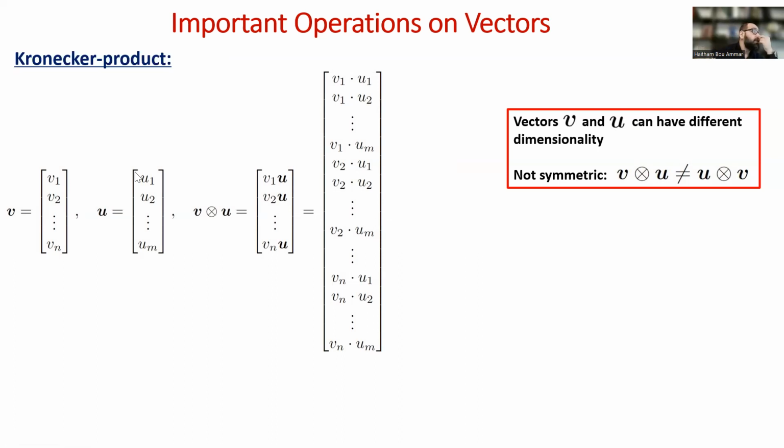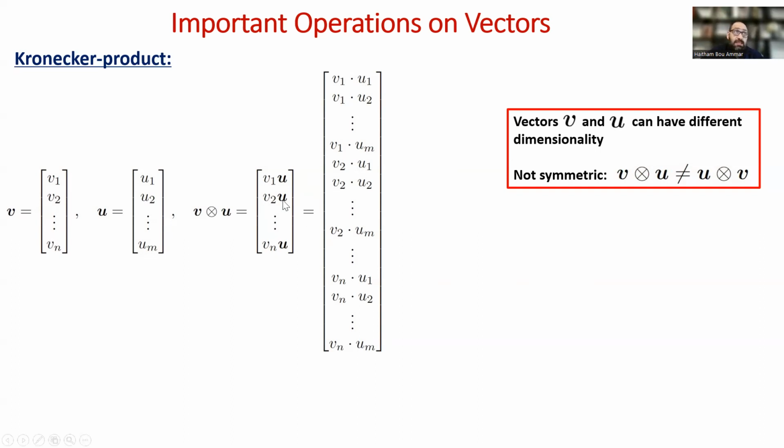Now we take v as a Kronecker product with u, and the first part is the first component multiplied by the whole vector u. And remember, we know how to multiply a scalar by a vector. This is like alpha times u, where alpha is v1 in this example, so you just multiply every component of that vector u by v1.